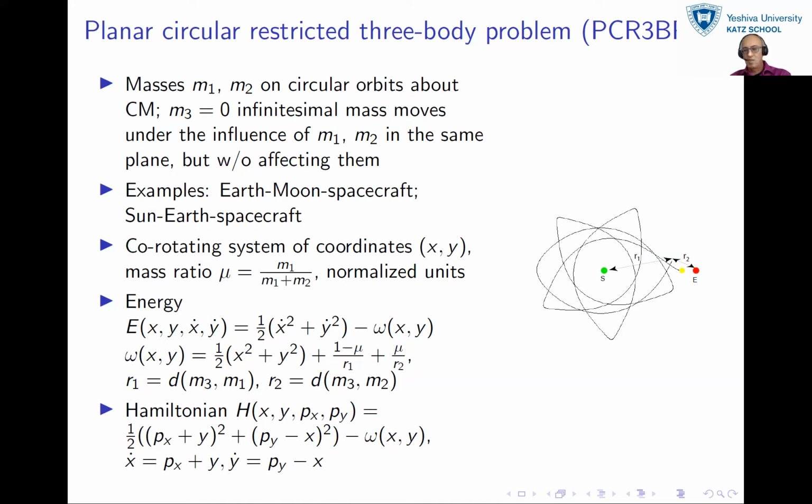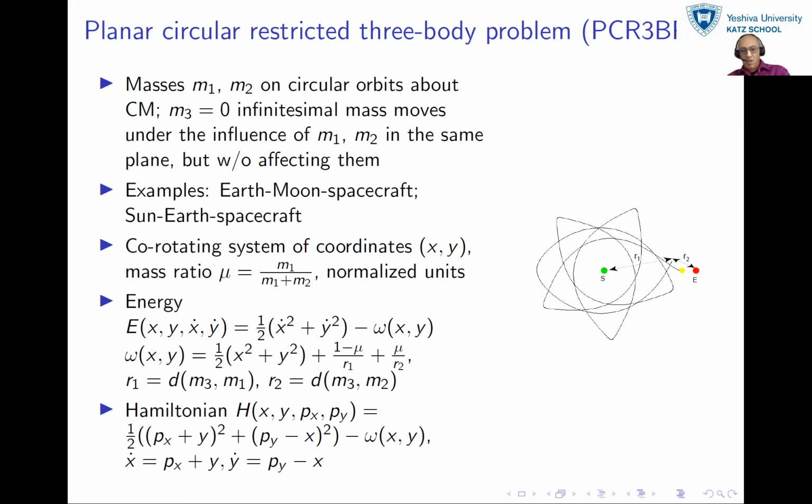This is a very reasonable assumption. In theory, even a tiny mass can have a little effect, but the assumption is that it has absolutely no effect. This stands for the word restricted. Circular, the orbits are circular, and planar means that the spacecraft will move in the same plane as the Sun and the Earth, or the Earth and the Moon.